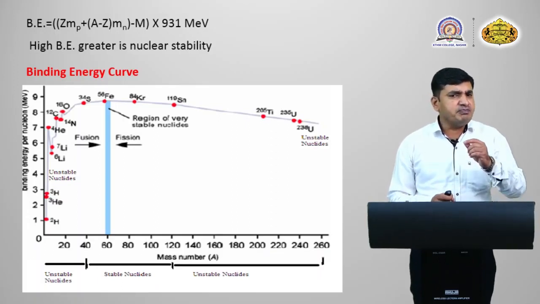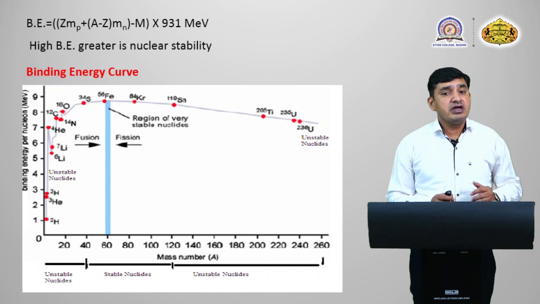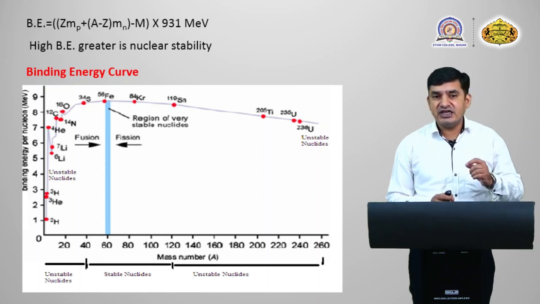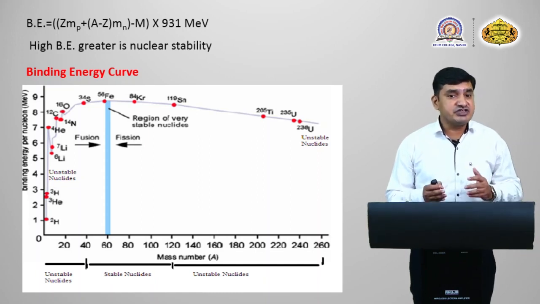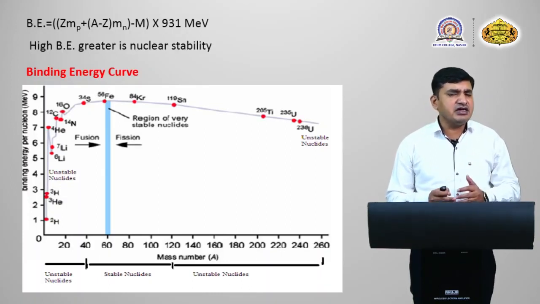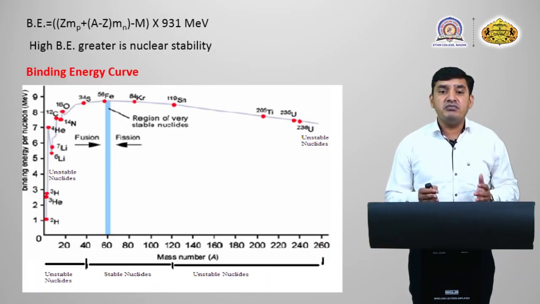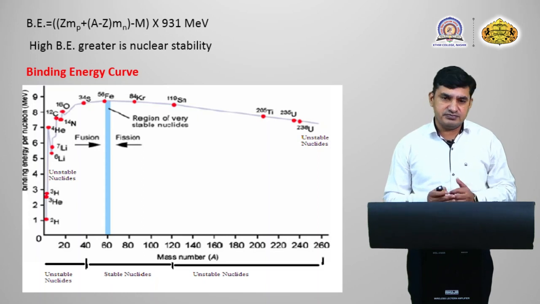Here, there are some peaks for hydrogen, that is H2, helium, that is He, oxygen and carbon. For hydrogen, the binding energy per nucleon is 1.1 mega electron volt.